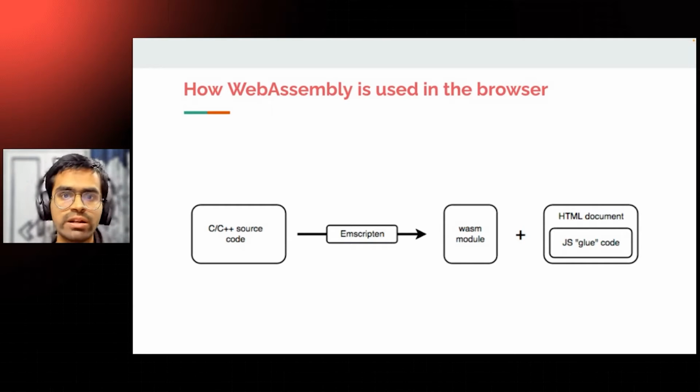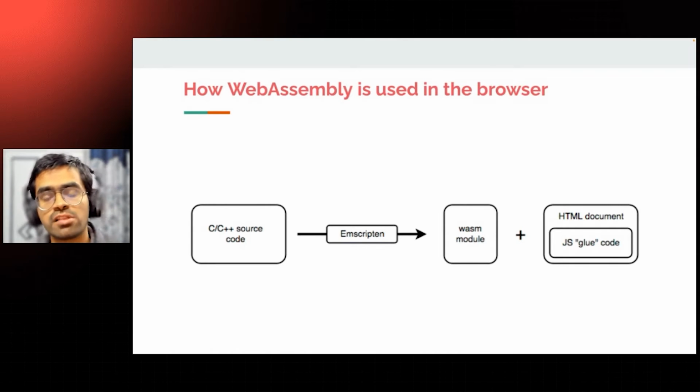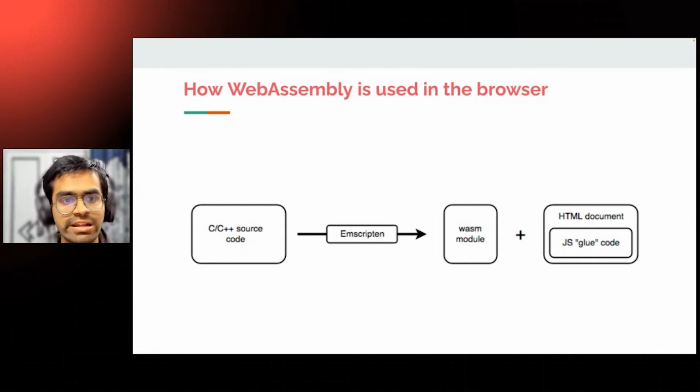To overcome some of these issues, we thought of being able to run programs or functions written in C++ in the browser. But the browser only supports JavaScript out of the box. That is where the concept of WebAssembly really came into the picture.